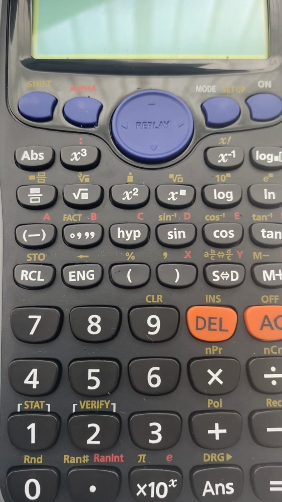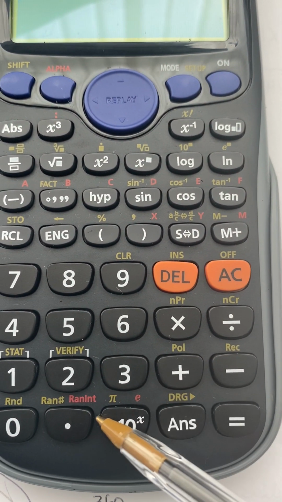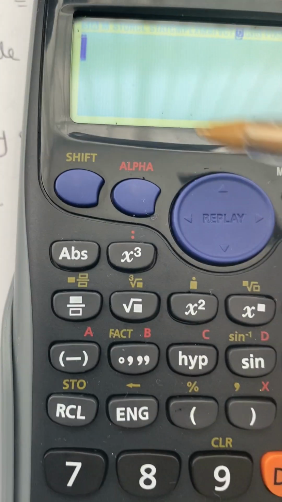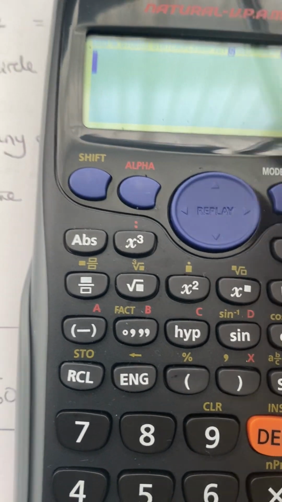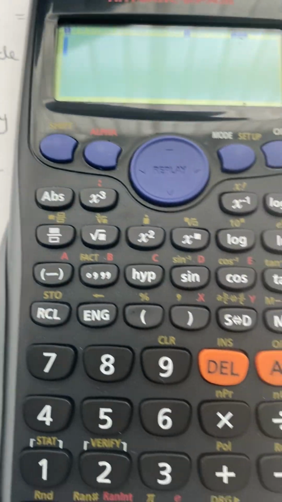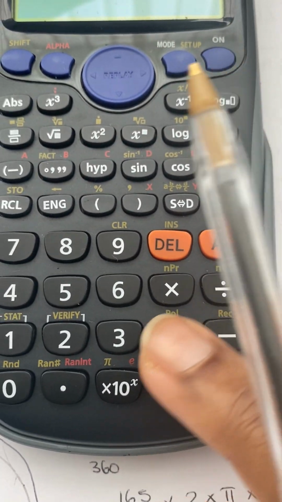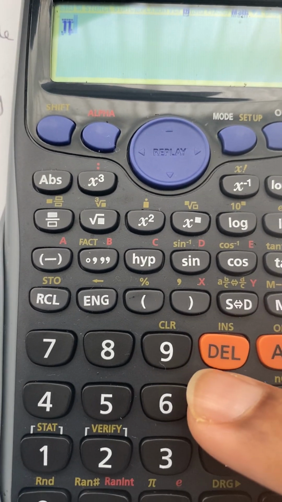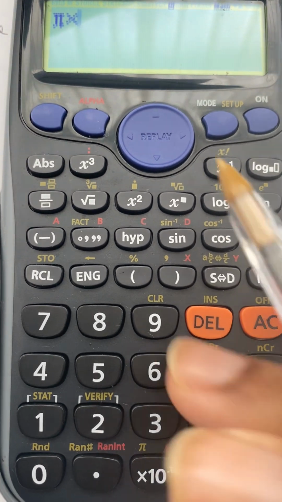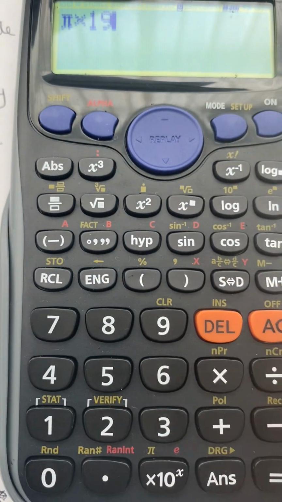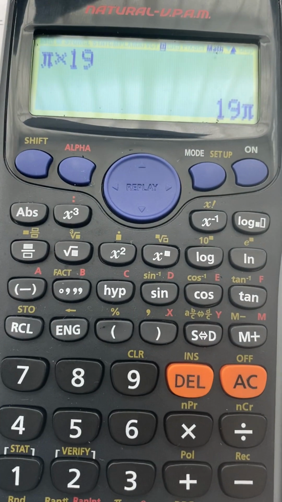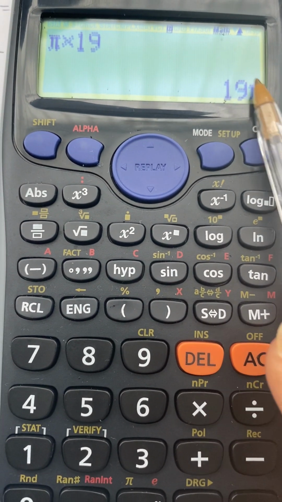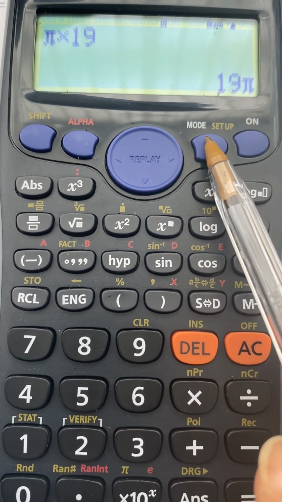Any function that is in yellow, you need to press the shift key, and then press this button. Now you've got your pi. So you can times it by, for example, 19, and then you have 19 pi.